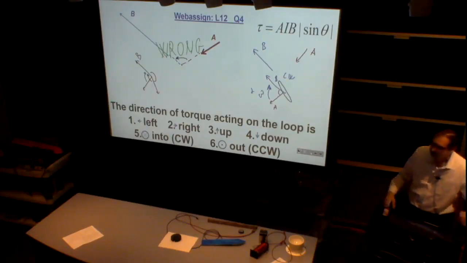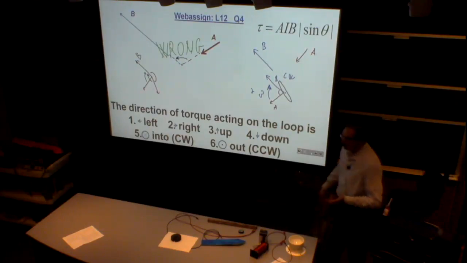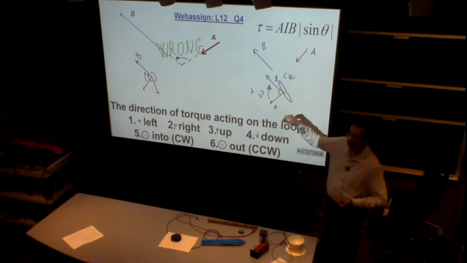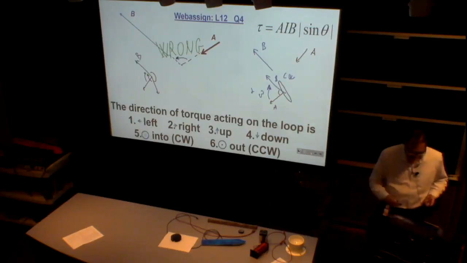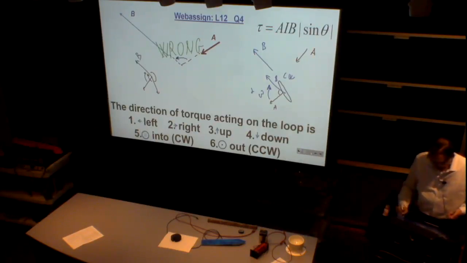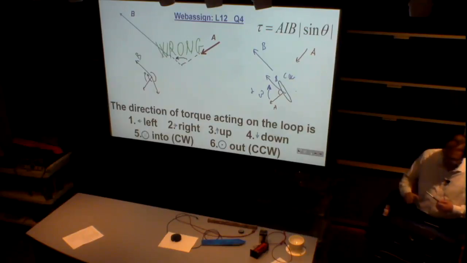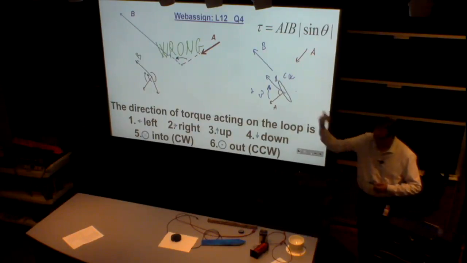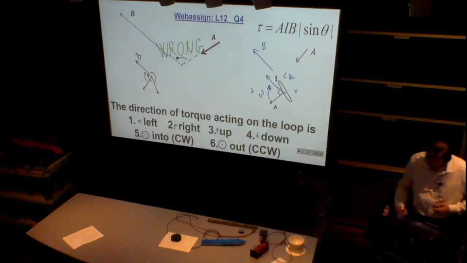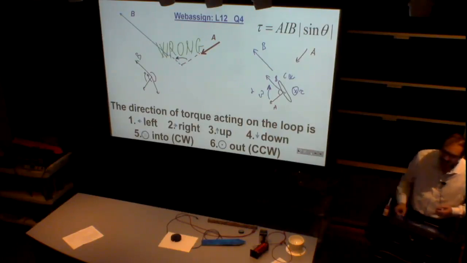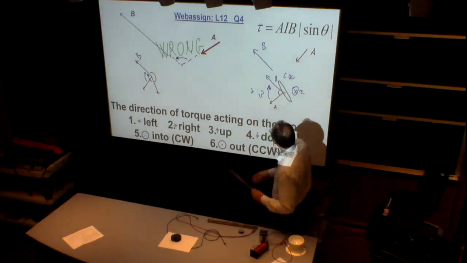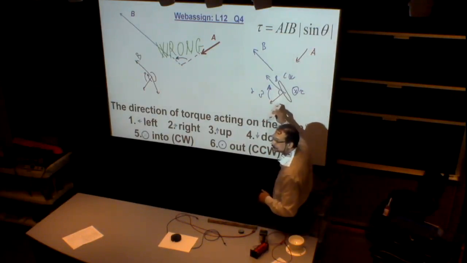Clockwise, and now if we use the right-hand rule, which relates the direction of actual or possible motion and the direction of a vector which represents that, it's out of the screen. No, I use the difference, clockwise into the screen. So this would have been a vector representing the torque acting on this loop.